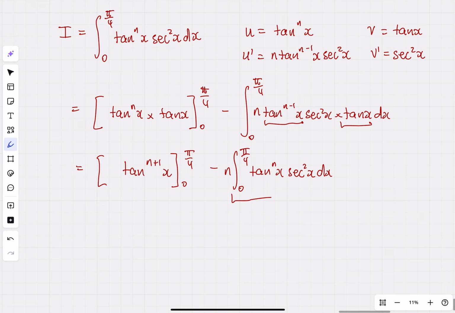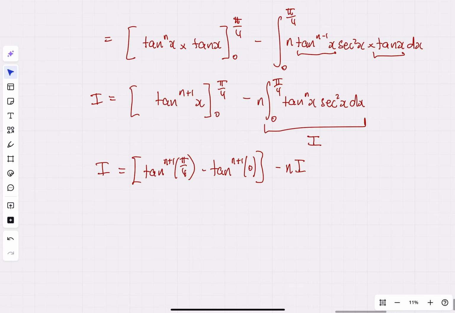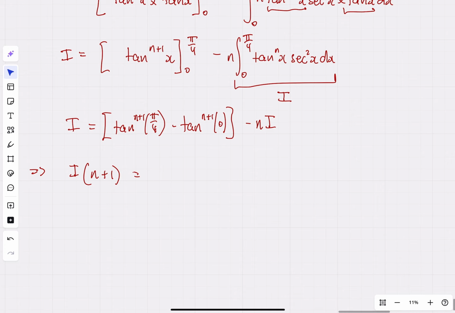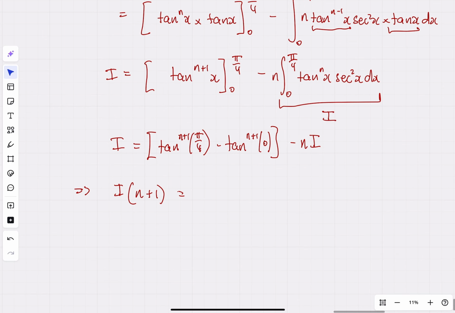But this is exactly equal to I. So I can say this is I equals tan n plus 1 pi over 4 minus tan n plus 1 0 minus n I, which implies I lots of n plus 1 equals, if I add nI to both sides.